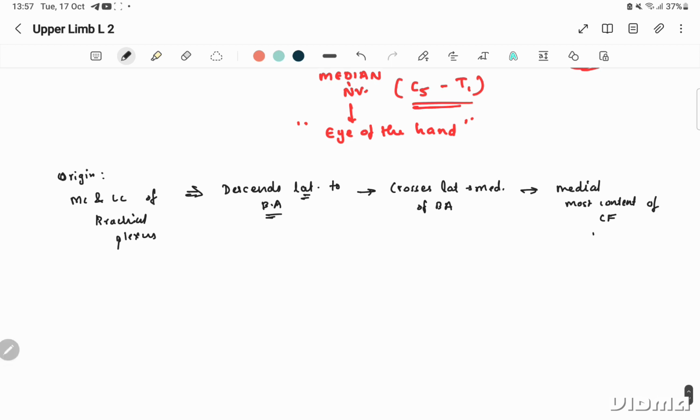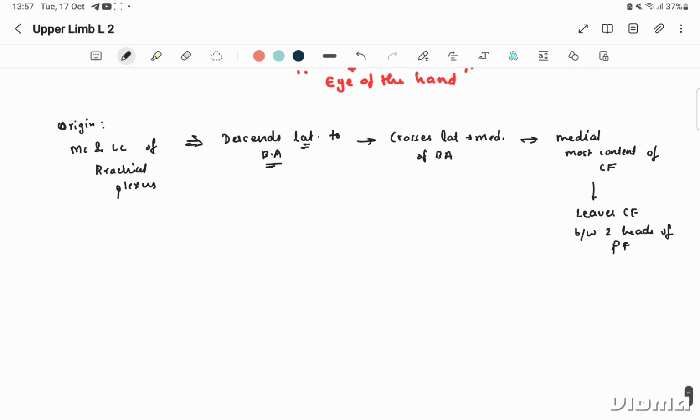Then it leaves the cubital fossa by passing between two heads of pronator teres. Pronator teres has two heads, so it passes between the two heads of pronator teres.